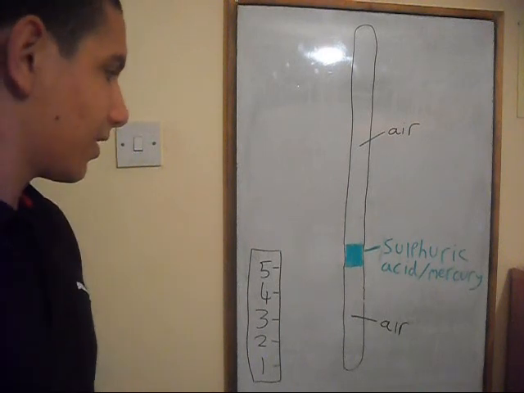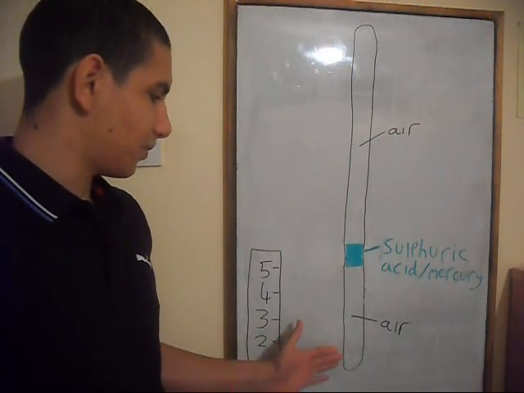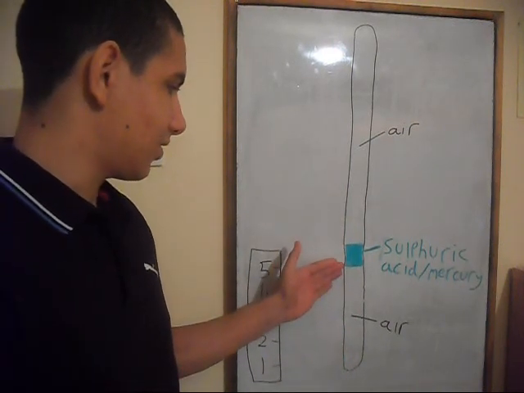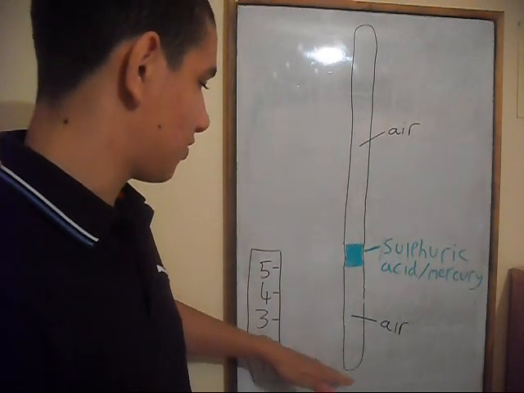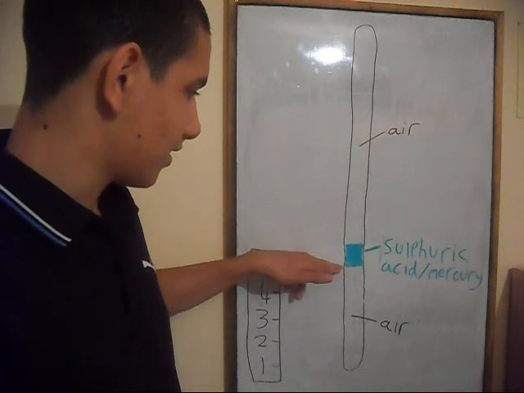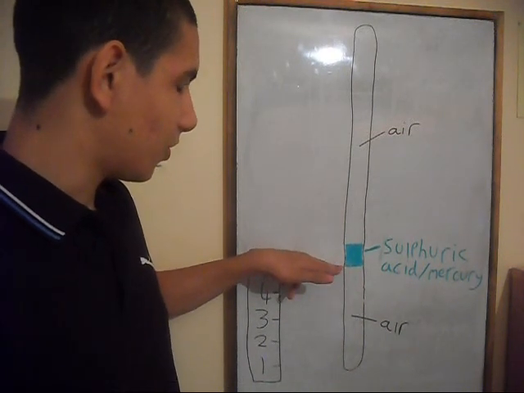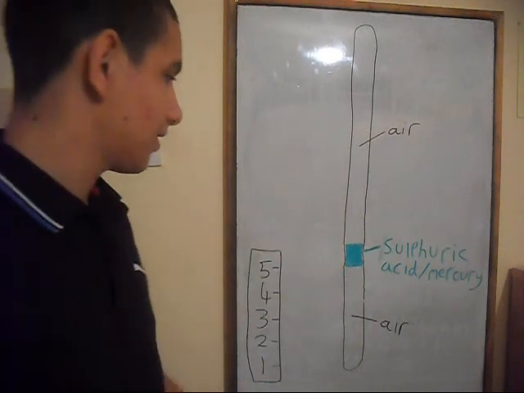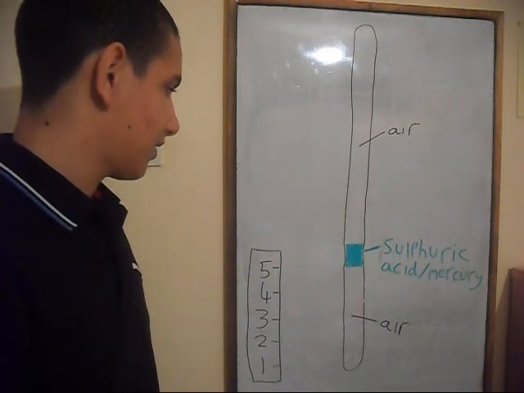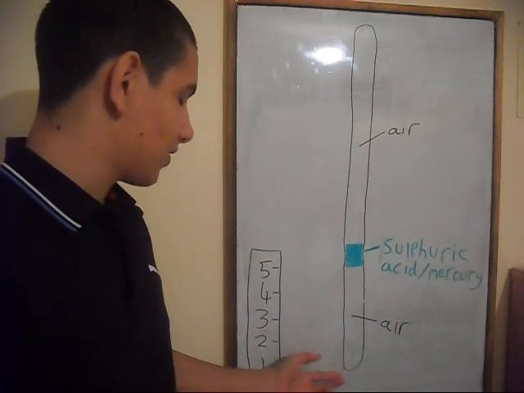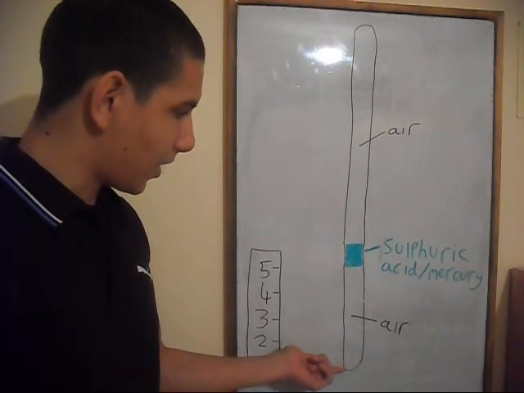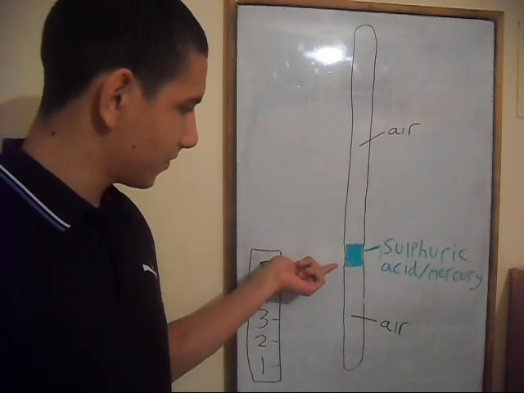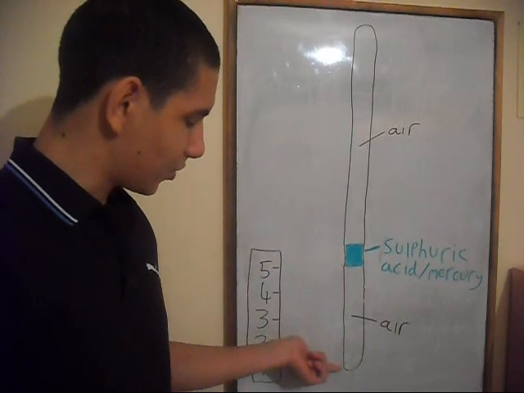What we do in the experiment is submerge this air section. It doesn't matter if you submerge it all, but you need to submerge at least up to here in water at 90 degrees and measure with a ruler the distance from the bottom to the mercury, so you know how much air is in there.